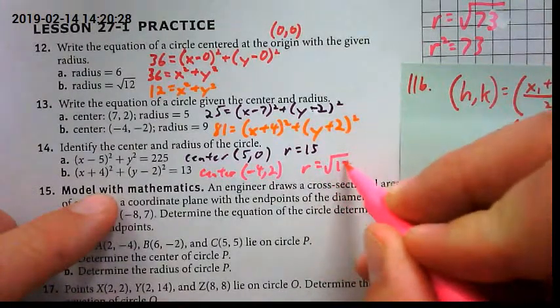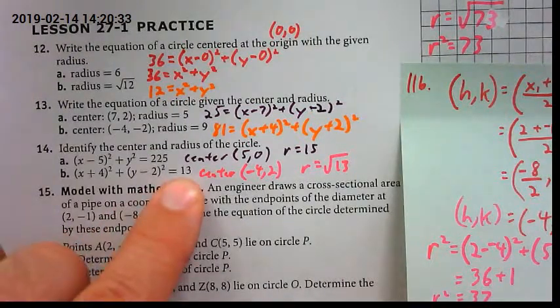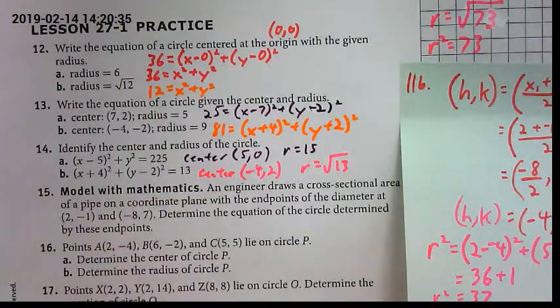Yeah. So you got to square root the 13 because, again, that's r squared. So you have to take the square root. Can you take the square root of 13? No. Can you simplify it? No. So it's just going to stay square root of 13, and that's an acceptable answer. All right? Again, that's an exact value. Any questions so far?